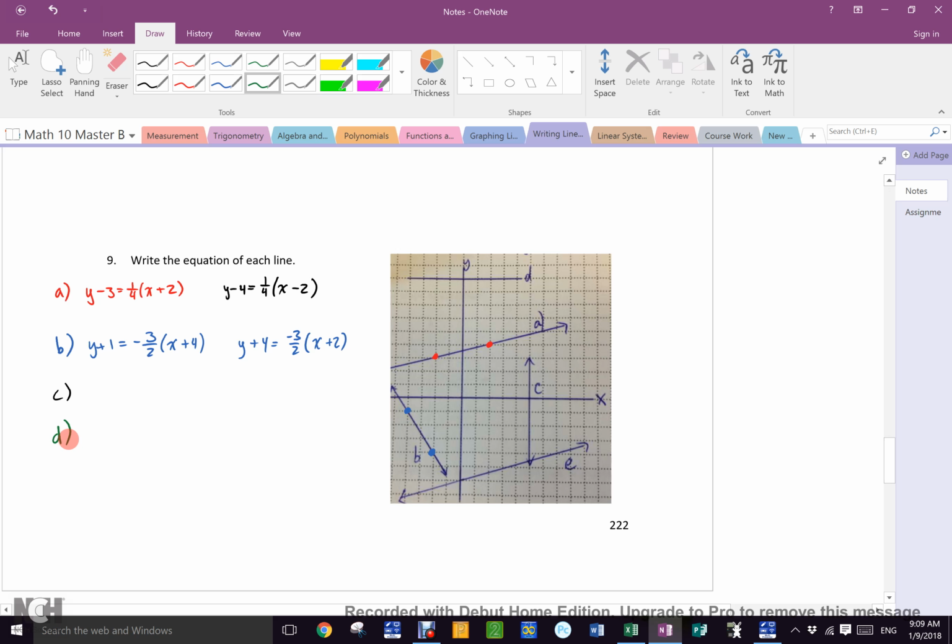C and D, for some reason, nobody seems to be able to remember how to do them, even though we did it to death in grade 9. What is C's equation?